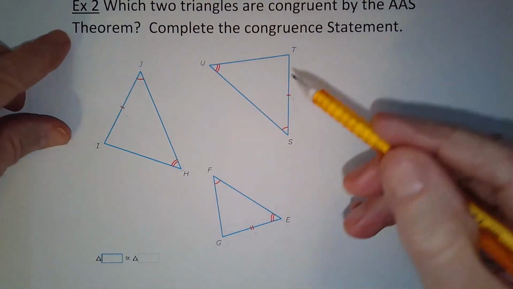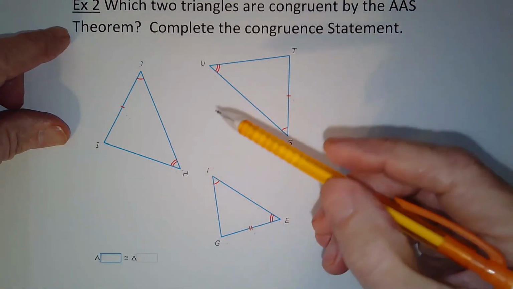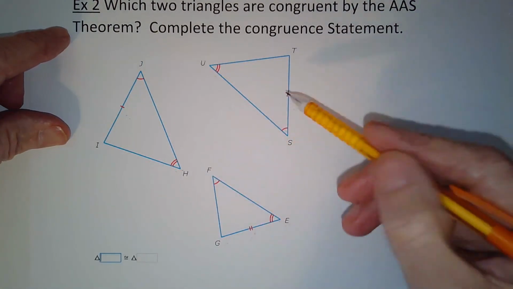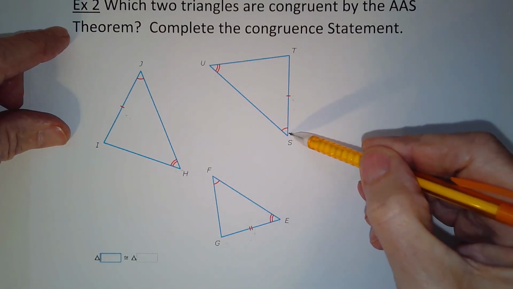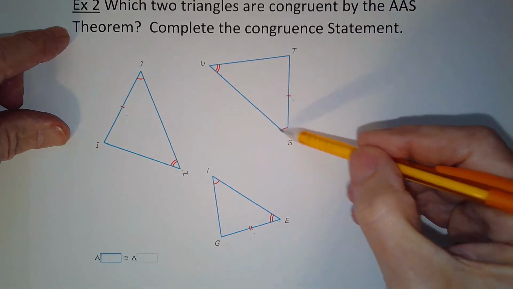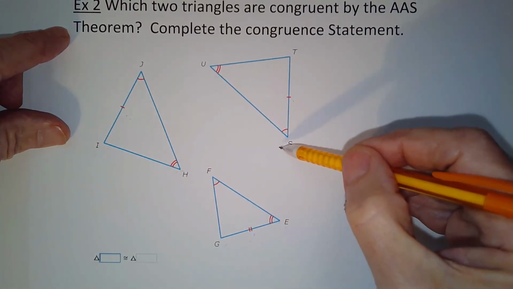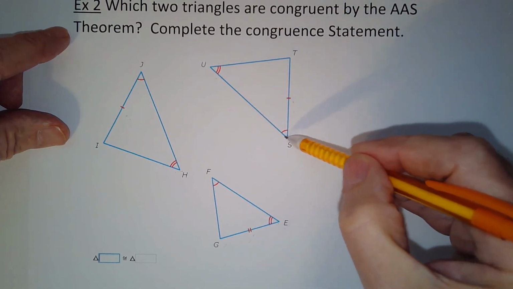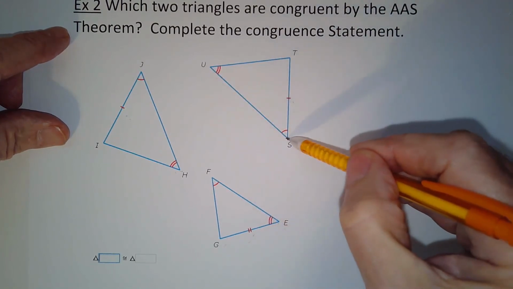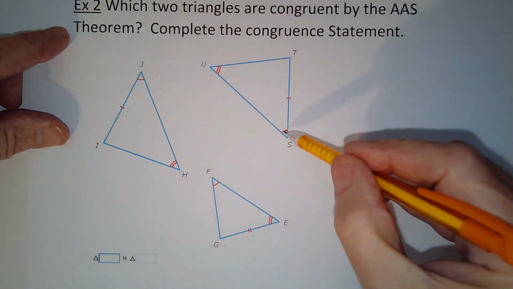So now if we look at this, we can tell that angle S here and angle J seem to be at opposite vertices of the two triangles. It's down here at the bottom of the triangle, it's up here at the top. That's where you get the single arc congruent angle.